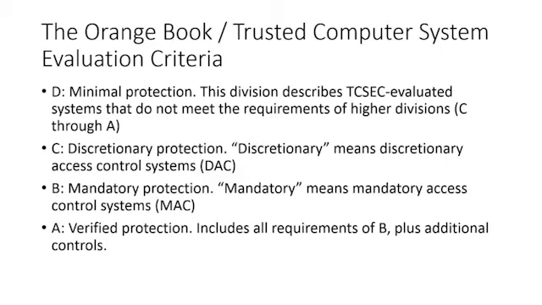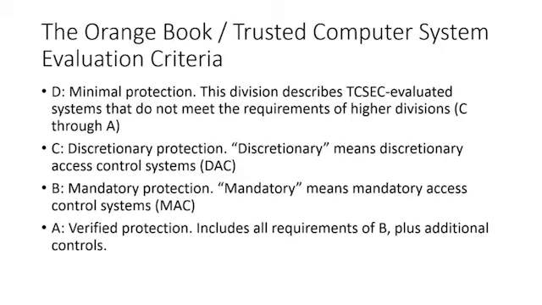So the Orange Book, or the Trusted Computer System Evaluation Criteria, TCSEC, you may see it as well. A couple different levels in there that we need to follow. Got them listed backwards here, D to A, from the least protection to the most, if you want to look at it that way.